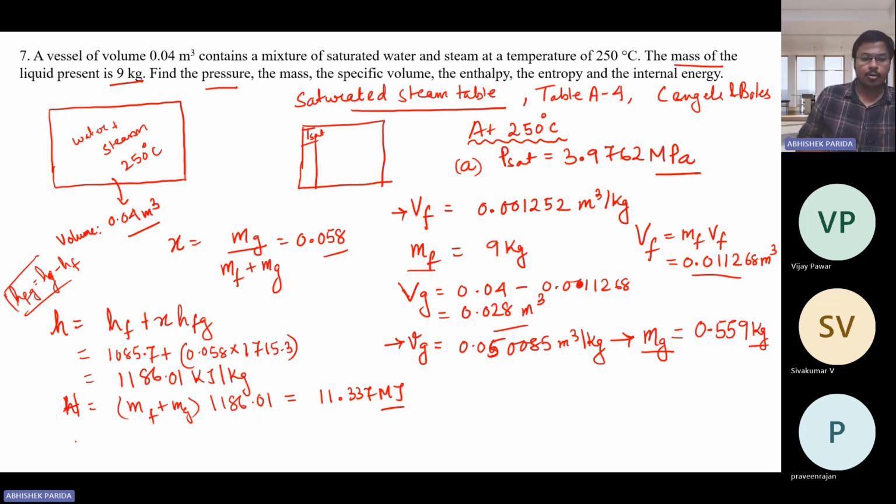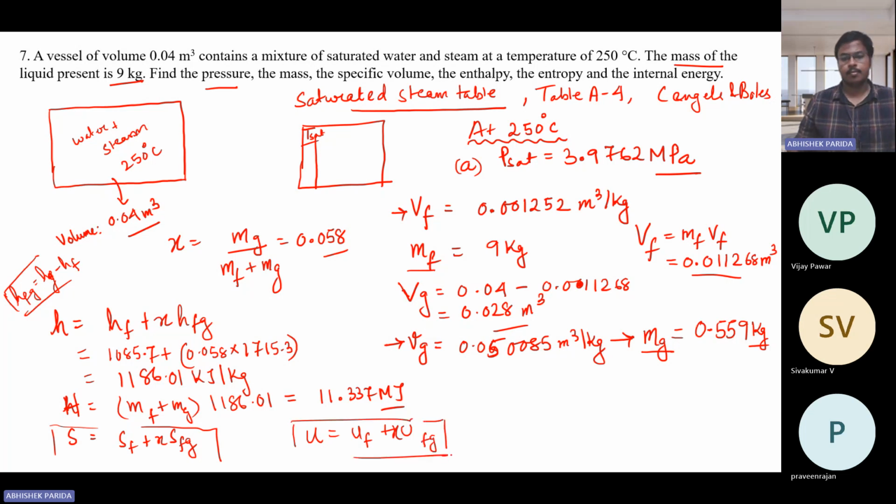Similarly, entropy also you can calculate, SF plus X SFG. This one you can take from the table, and internal energy U is equal to UF plus X UFG.